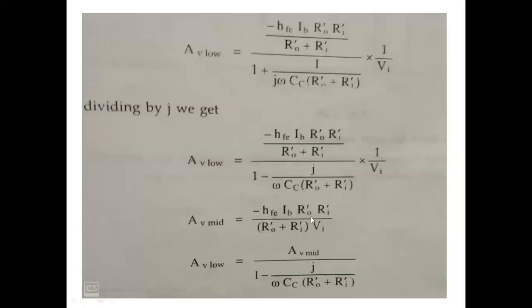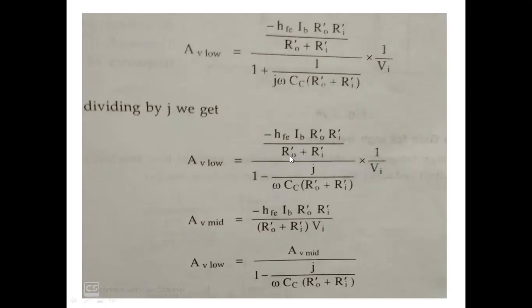Next, we are dividing the term. At the numerator we have minus hFE IB R0 dash RA dash by R0 dash plus RA dash, and the remaining term is 1 by Vi by 1.